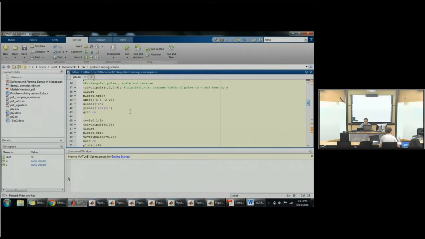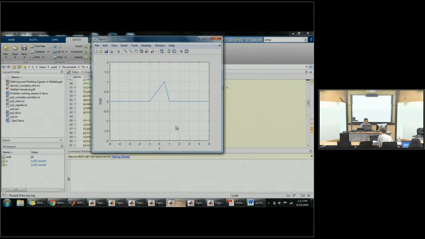Second argument is the width. Again, by default the width is 1 over here, but you can change it. Everyone understands what I mean by width. Let me show it to you. So from this point till this point, that's your triangular pulse width. That's the thing that I mean as width over here.